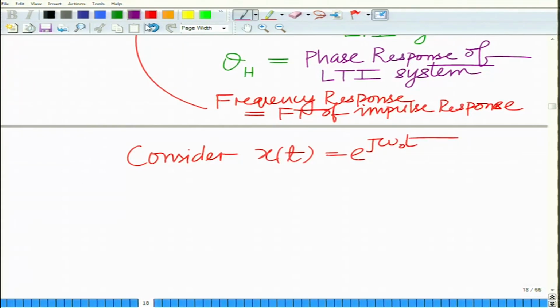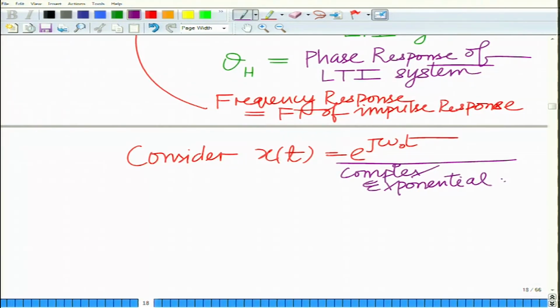We all know that this is a complex exponential.